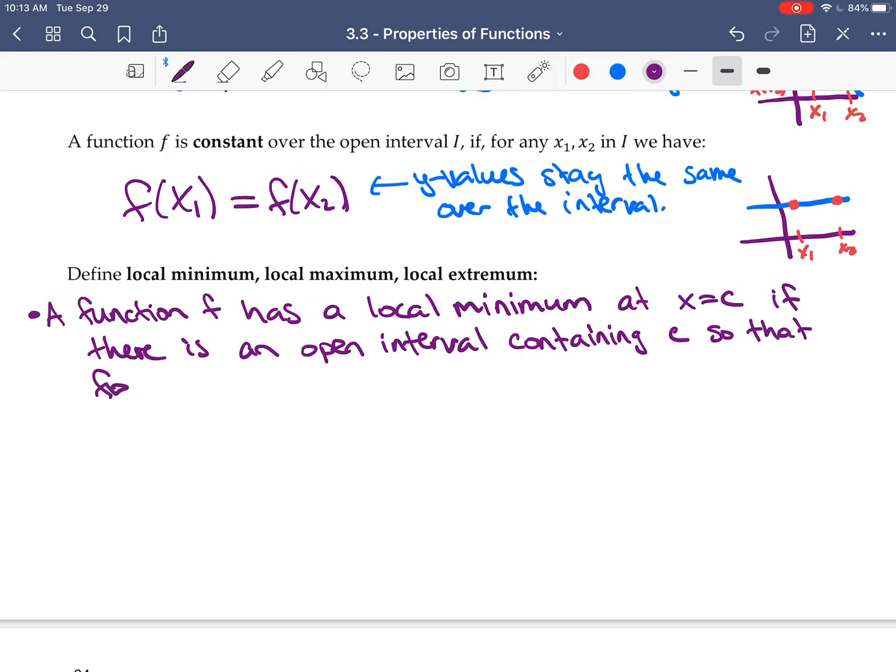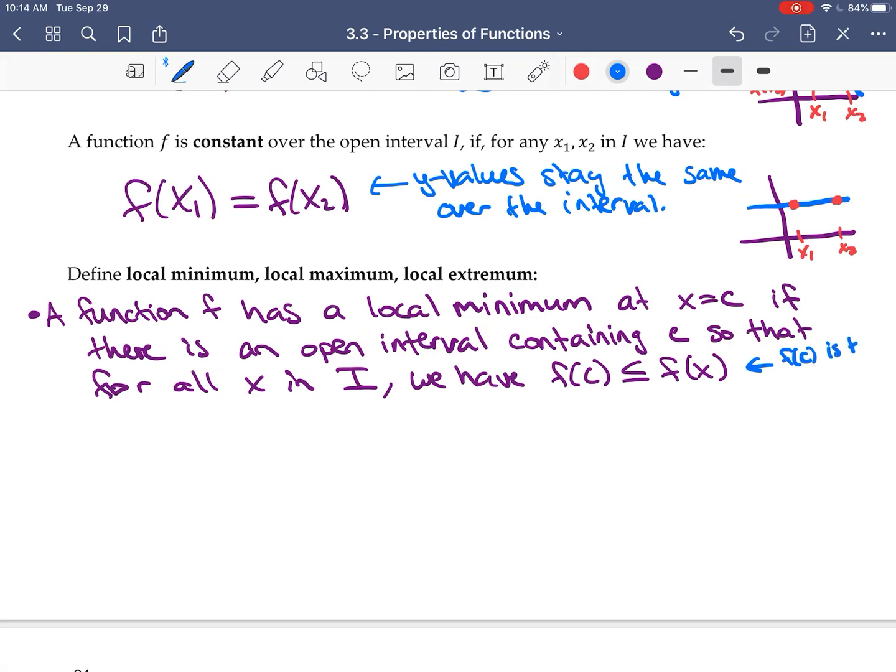for all x in the interval, say I, c has the smallest y value. So we have f of c is less than or equal to f of x. So f of c is the smallest y value.